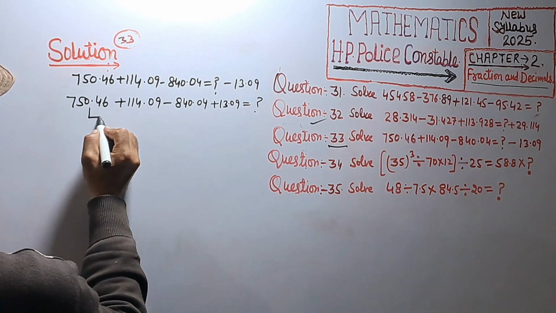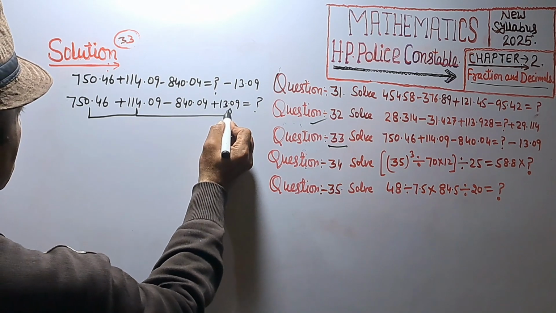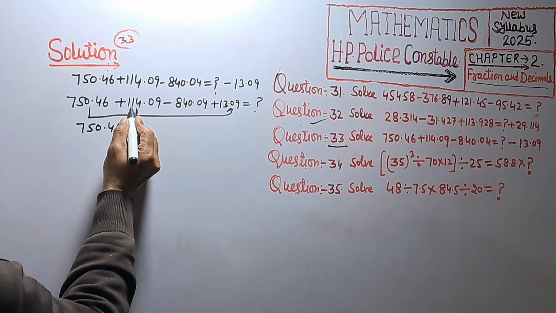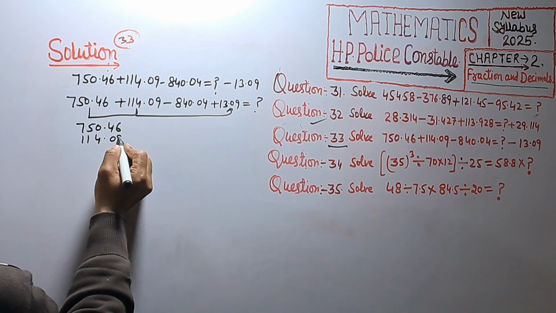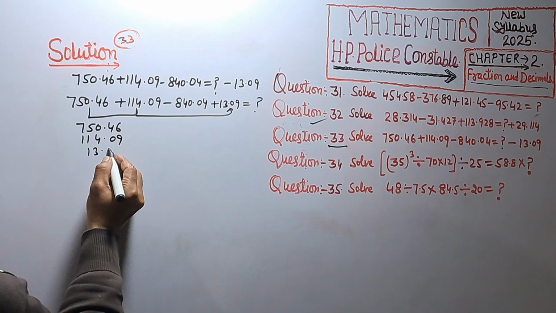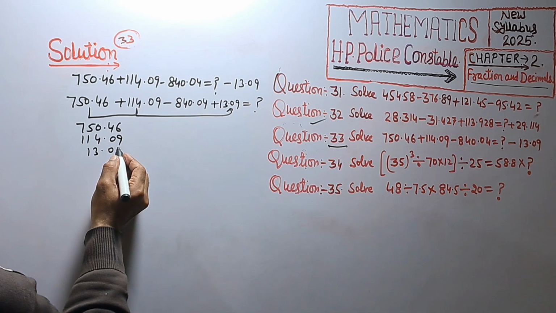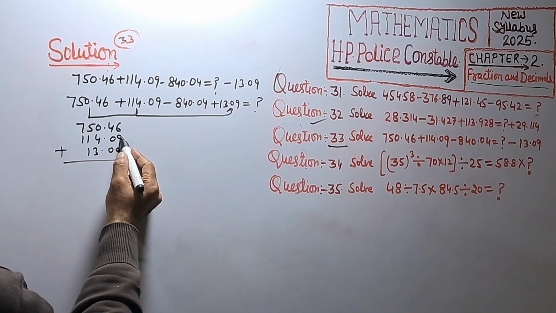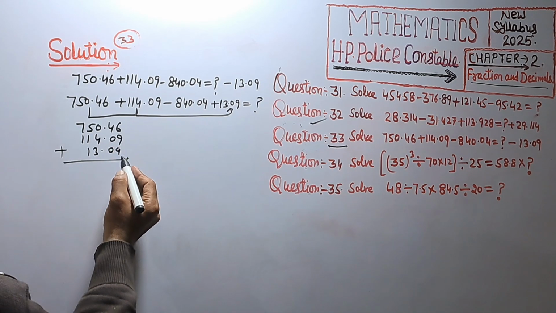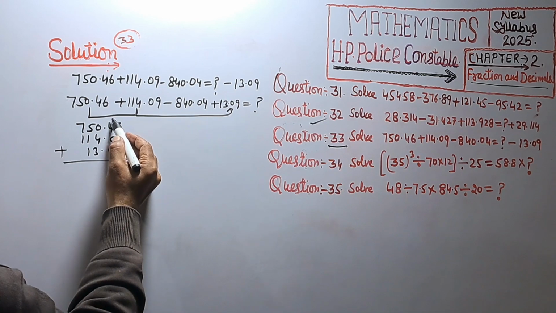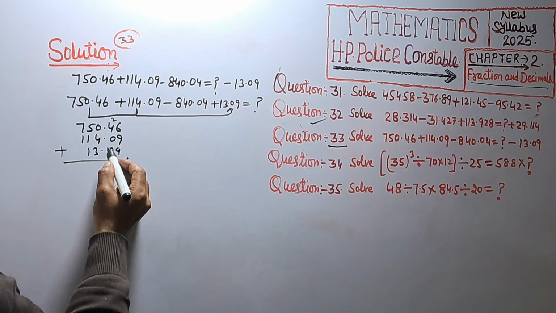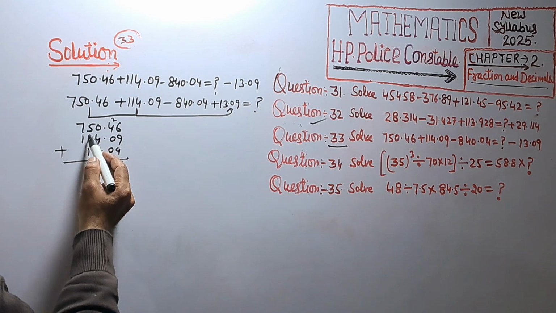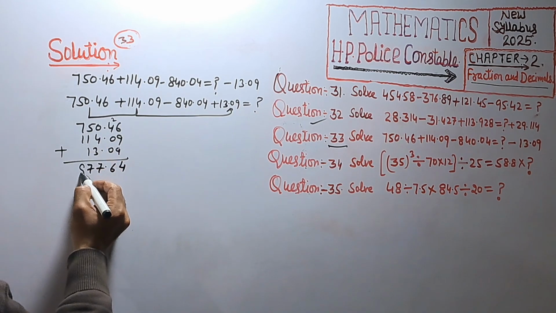Now we are adding positive number, that is positive number is 750.46, 114.09 second and 13.09 third. 9 plus 9 18, 18 plus 6 24, 2 carry, 4 plus 2 6, 4 plus 3 is equal to 7, 5 plus 2 is 7, 7 plus 1 is 8.